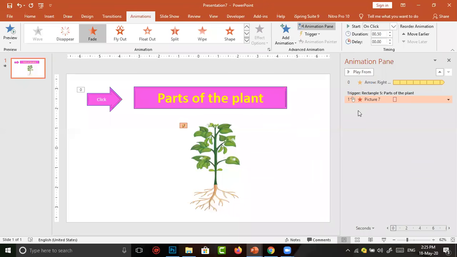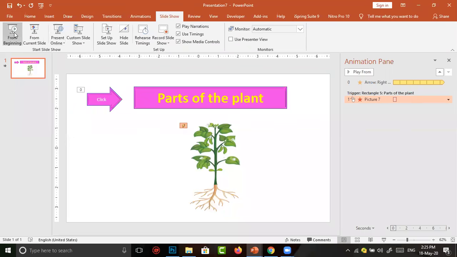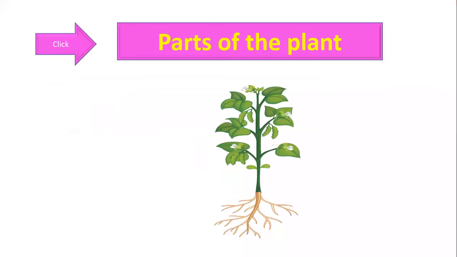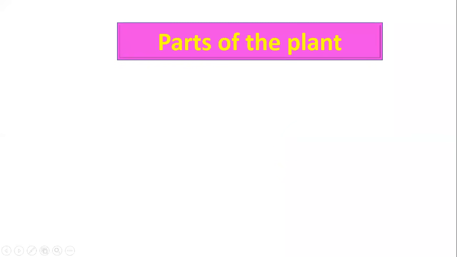Then the trigger rectangle 5 parts of the plant is shown in our animation pane. Now I am going to slideshow mode, from the beginning. The arrow mark is there. I have given until end of slide, so it is repeating there. Now I'm going to click on parts of the plant. Our picture is disappearing. Clear?